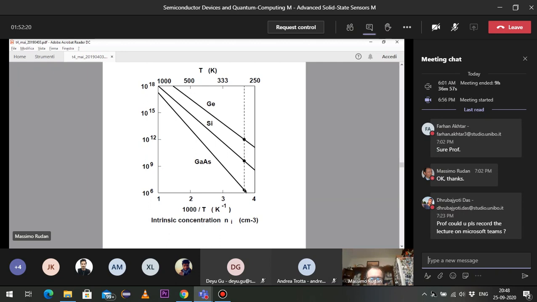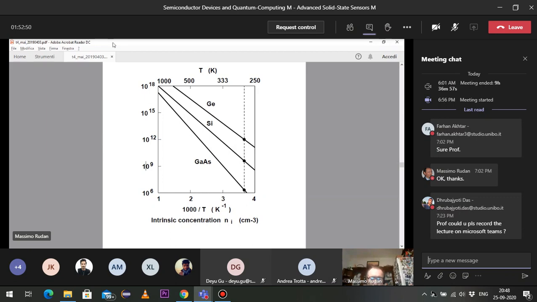So the 3 dots here are, respectively, the intrinsic concentration at room temperature. The vertical dashed line indicates room temperature. You remember we have about 10 to the 12th for the intrinsic concentration of germanium at room temperature, about 10 to the 10th for silicon, 10 to the 6th for gallium arsenide.